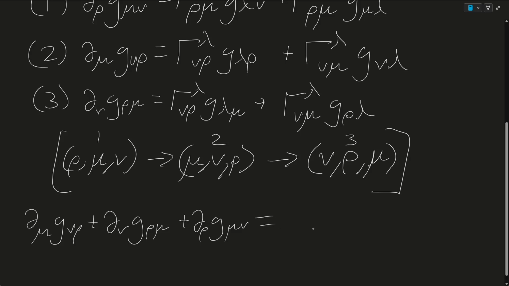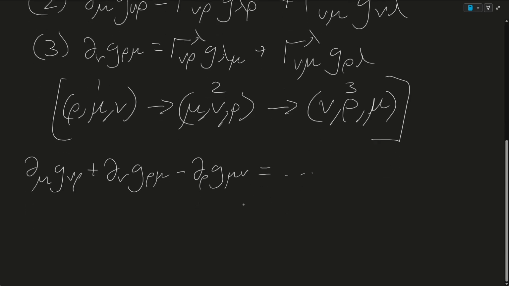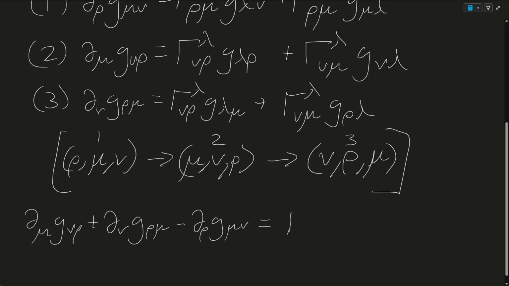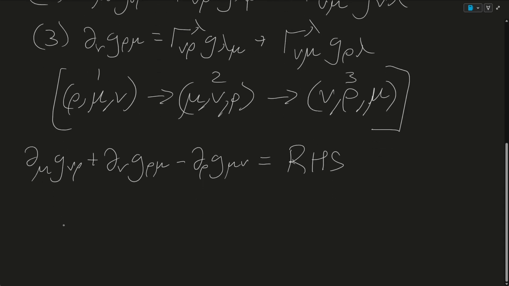Yeah, we can say that's equal to, oh sorry, it should be minus. That's the whole point of doing this. We add and subtract and things cancel, which is really useful. Minus equals to something, and in fact we can call that the right hand side, and on the right hand side is gamma.